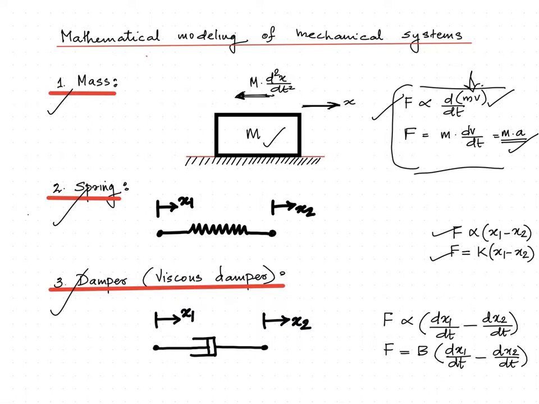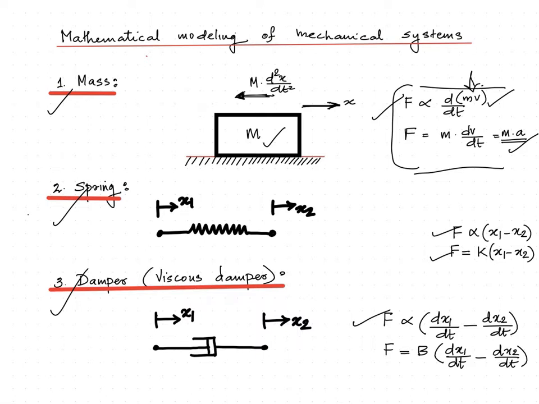Next we have the damper. In the case of translational motion, in order to account for the frictional losses of the system, we use a damper. It is also called a dashpot. To be more precise, we can say that it is a viscous damper for the ease of modeling. According to Newton's law of viscosity, in a viscous damper, the force developed is proportional to the velocity of the damper.